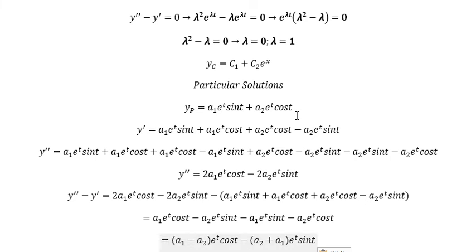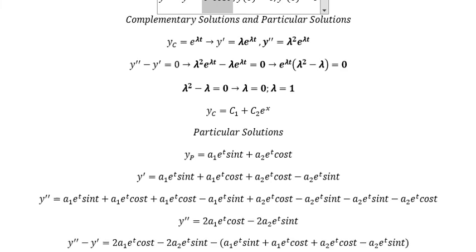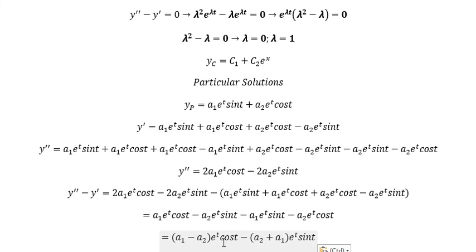So if we look carefully about this equation, let's just concentrate about et cosine t. So et cosine t coefficient in here should be equal to number 1 because we don't have this one. This one should be equal to number 0.